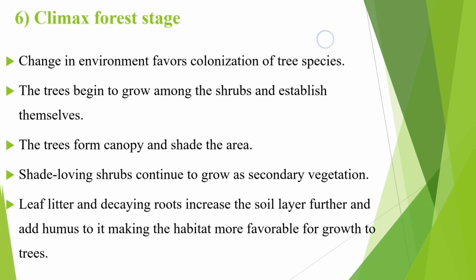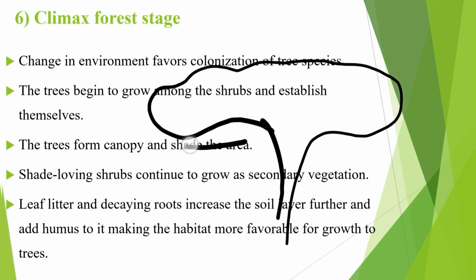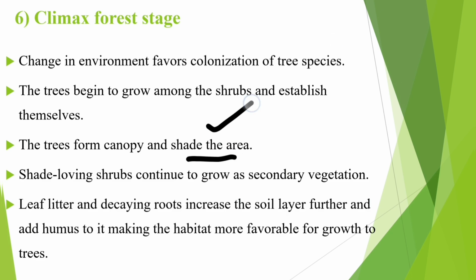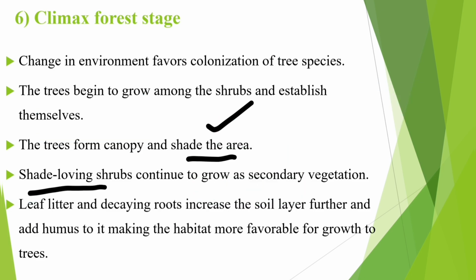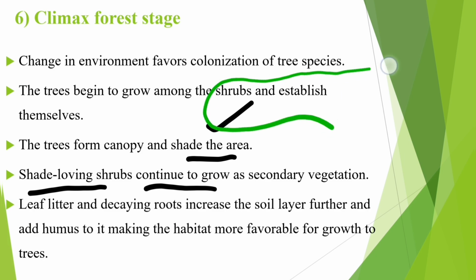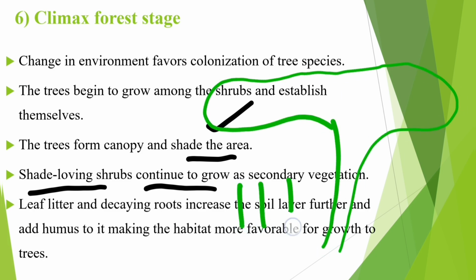The trees form a canopy, and shade the area, because the canopy extends over a long space. Shade-loving shrubs continue to grow as secondary vegetation. So under that shade, other vegetation appears.